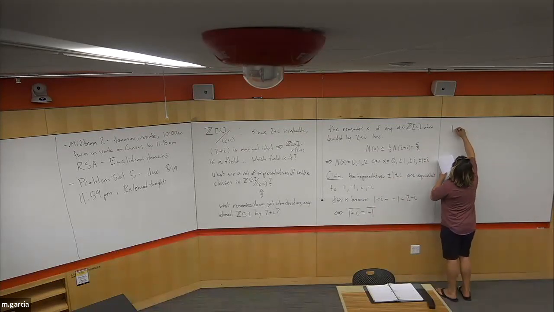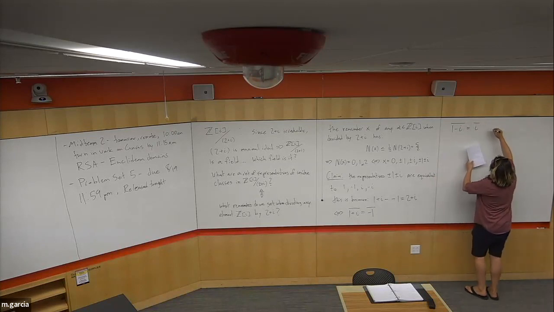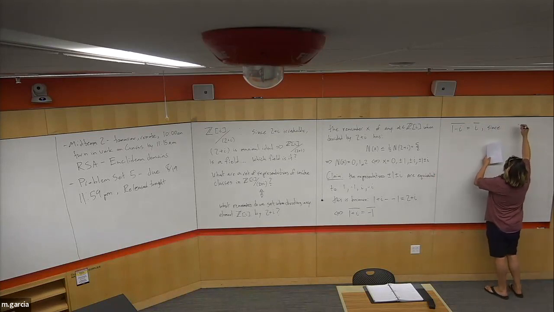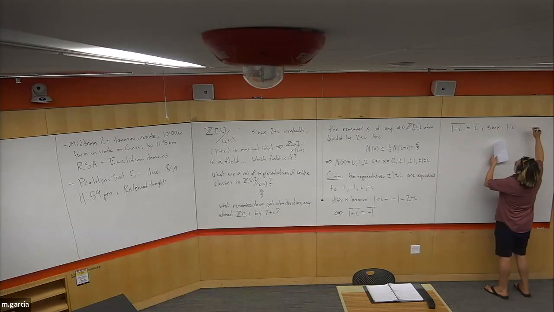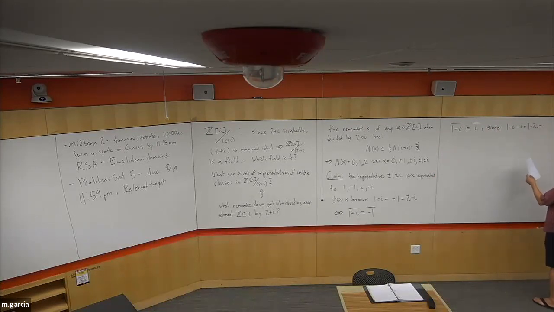Furthermore, we can say the residue class 1 minus i is equal to the residue class of i. Since we'll do the arithmetic here, 1 minus i minus i is 1 minus 2i. Well, how is this a multiple of 2 plus i?